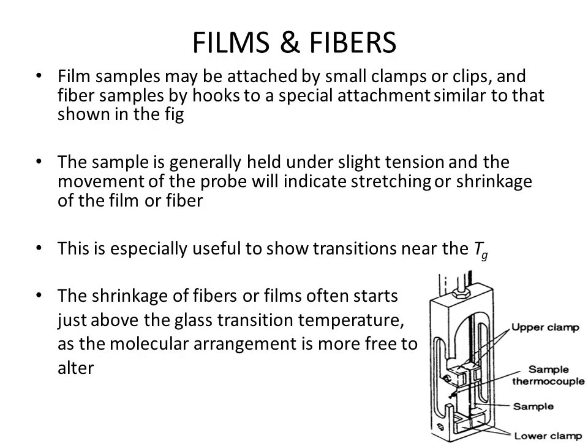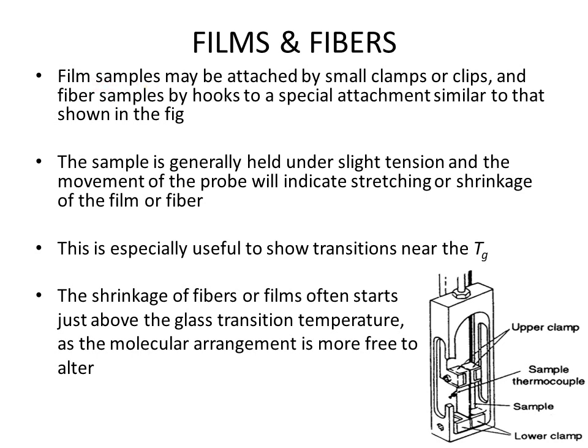Our sample may be in the form of films and fibers, and we may be interested in studying the various transitions in those films and fibers. So samples in the form of films and fibers can also be studied in TMA.